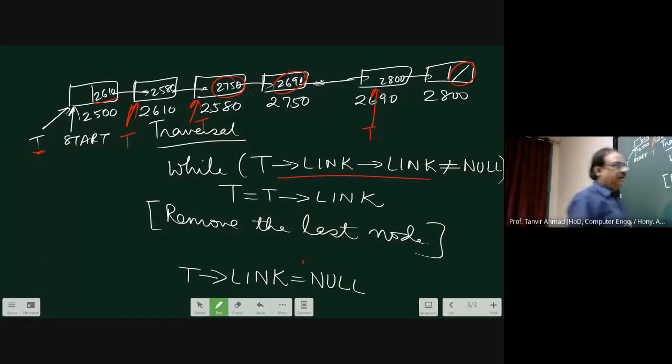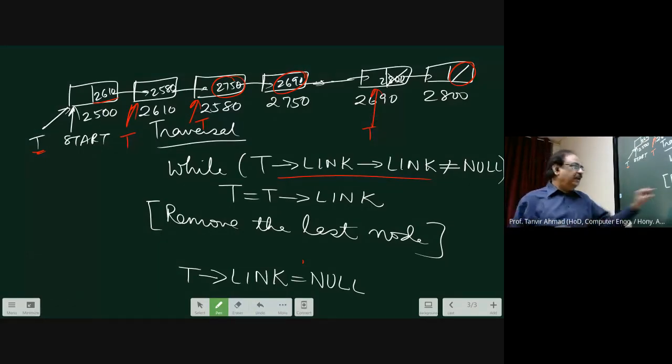Now what will happen? This will become null. But the problem you find is that 2800 will become a dangling pointer because you have lost the 2800 address. In order to avoid that, you should have first removed that node, then you have to do this.